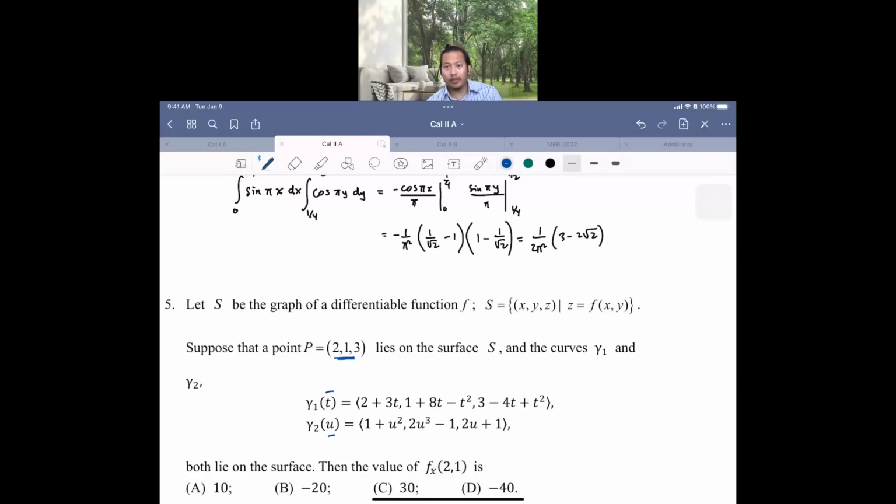And why do we need the normal vector? That is for the plane, if you remember the connections between the curves and the plane. The plane itself is made up from partial x and partial y, and from there we can find the partial x. So first, find the relations between the point and the parameters, and when you find the parameters, that is where you are going to differentiate.